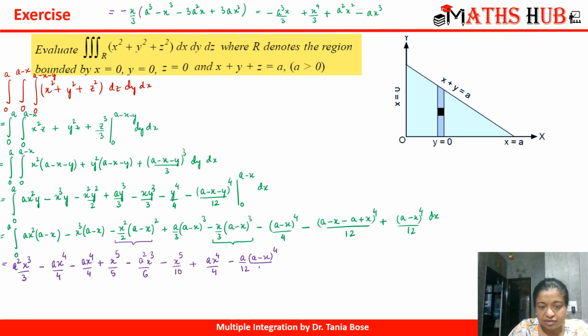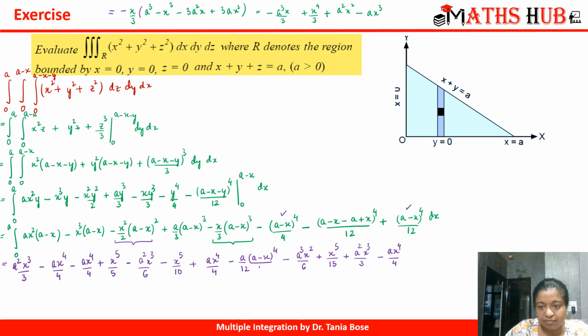integrate this. So this is minus a cube x square by 6 plus x to the power 5 by 15 plus a square x cube by 3 minus a x to the power 4 by 4, right? Then the next term would be, I can simplify these two terms together.